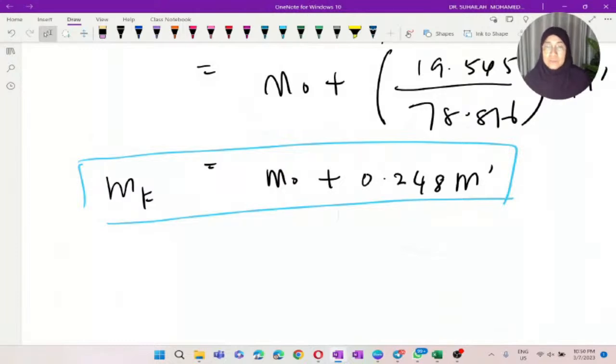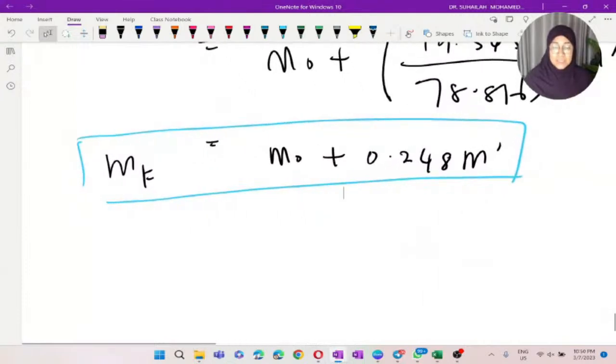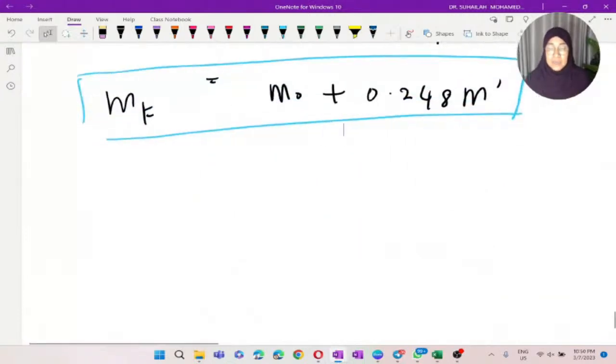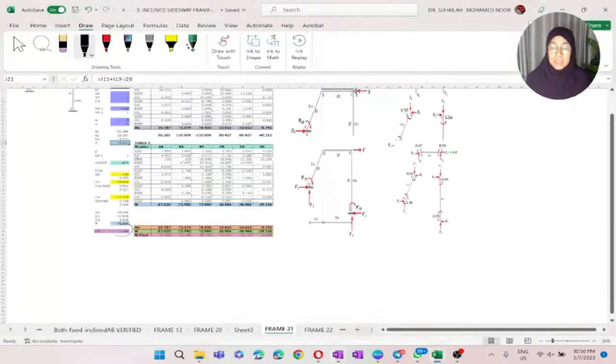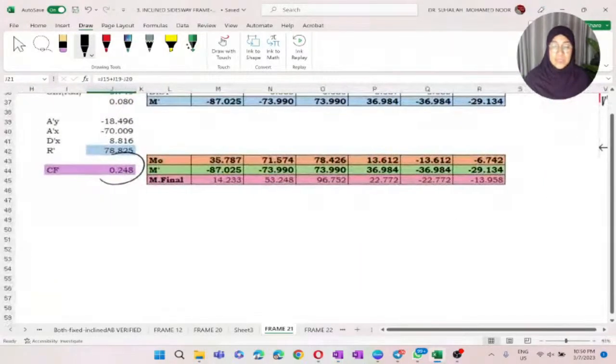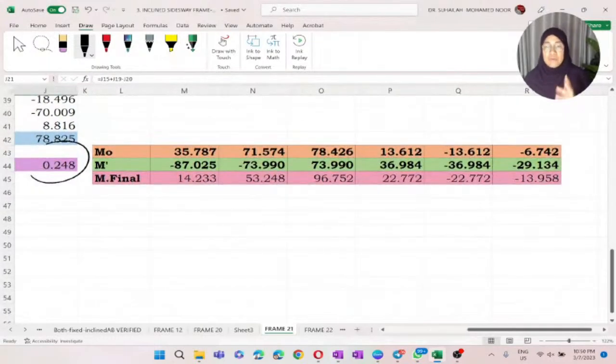Okay, before we end this, let's draw the bending moment diagram from the values that we get here.